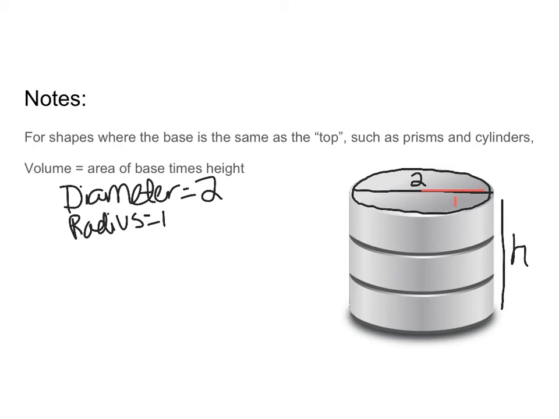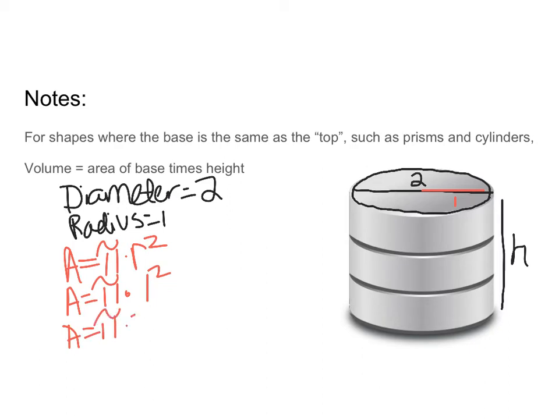So then I can use my area formula for a circle, that the area equals pi times r squared. So the area would equal pi times 1 squared. 1 squared is just 1.